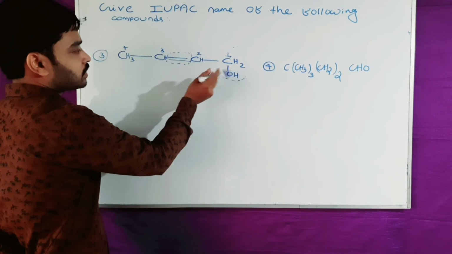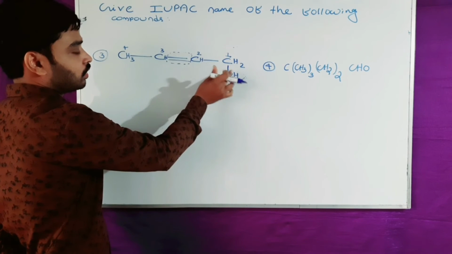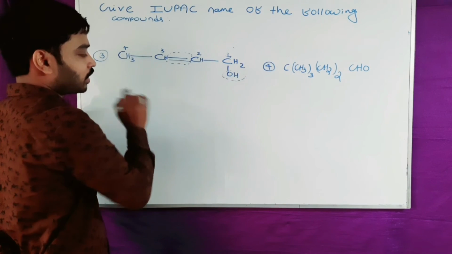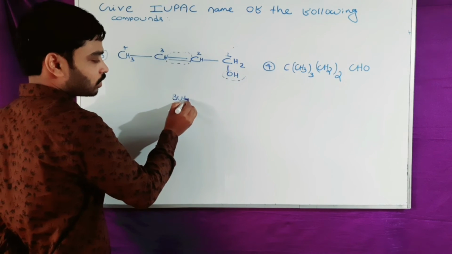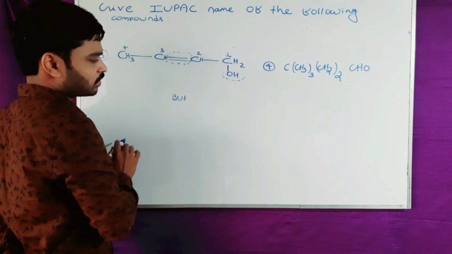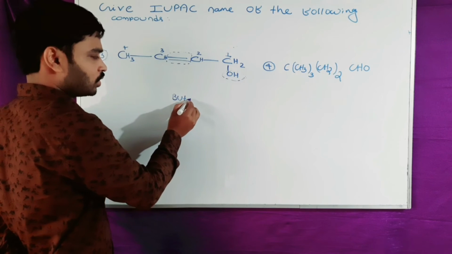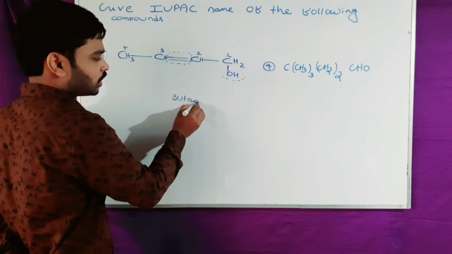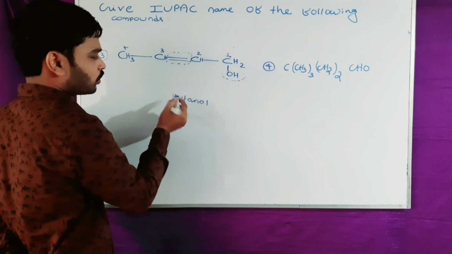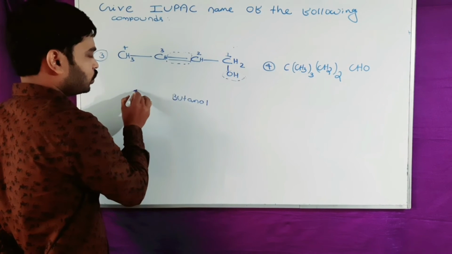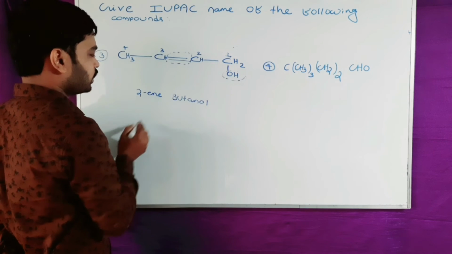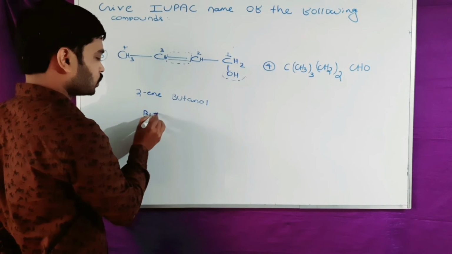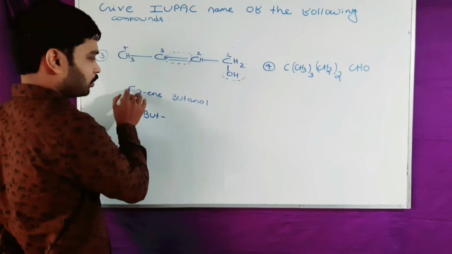The senior one is alcohol and the name will be butanol. We know that it is alkanol, but it will not be simply butanol directly because an alkene is present. That's why you can combine here. You can write butanol, or 2-buten-1-ol, or you can also write but-2-en-1-ol.